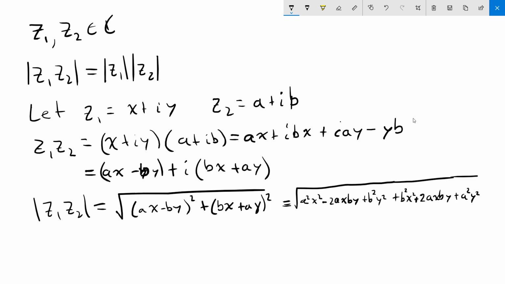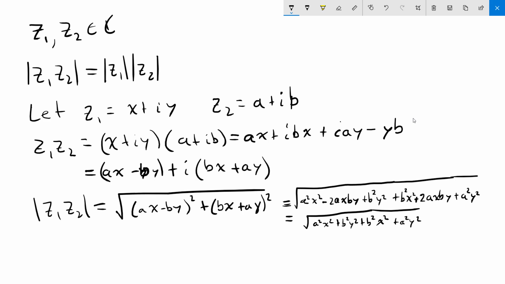Right, so the 2axby's cancel. So we'd be left with just the square root of a squared x squared plus b squared y squared plus b squared x squared plus a squared y squared.